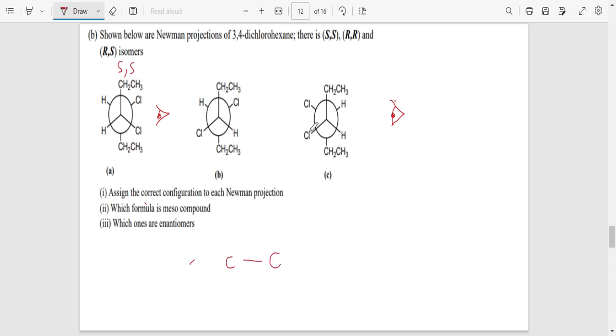These two chlorines, we are seeing them behind, but for the carbon which is in front, the chlorine is going to be down. The carbon which is behind, the chlorine is behind, but let me put it on top because this one is on top. Sorry, I've put them on the same carbon. This one is for the carbon that is behind.